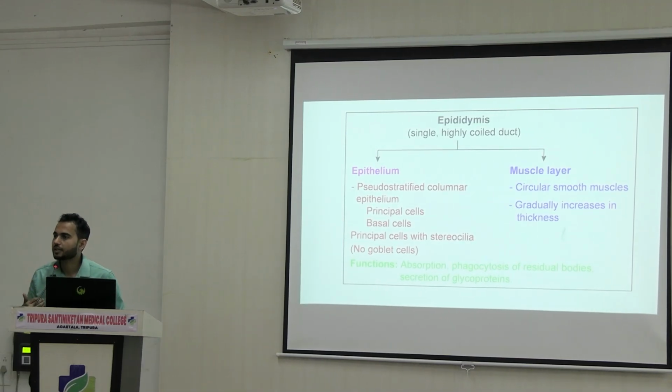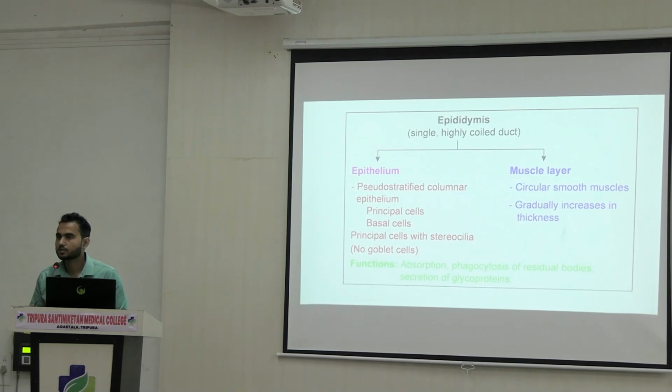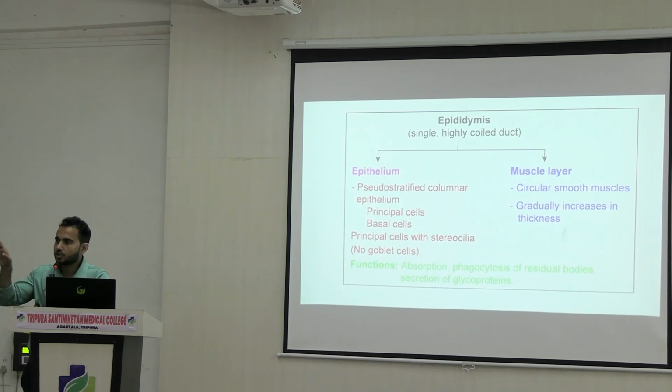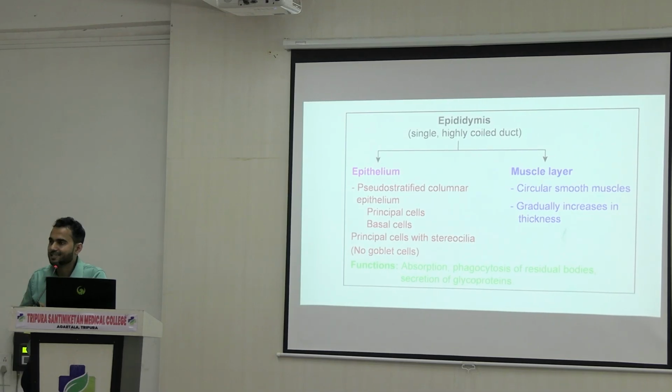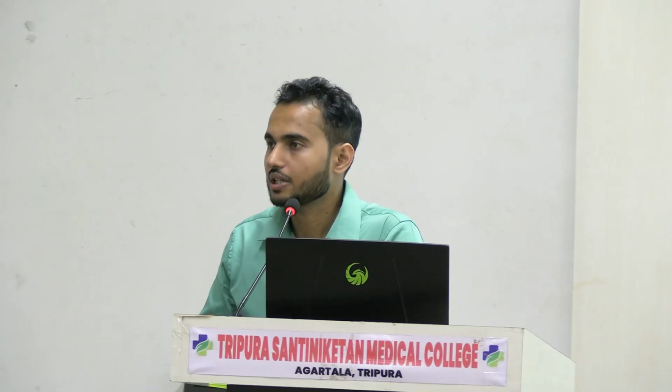If I show you the microscopic structure of epididymis, most of the students used to get confused, because in the epididymis, the efferent ductules at the upper pole of the testis, the head of the epididymis, will converge into one highly coiled duct, and then it continues as body and the tail of the epididymis.